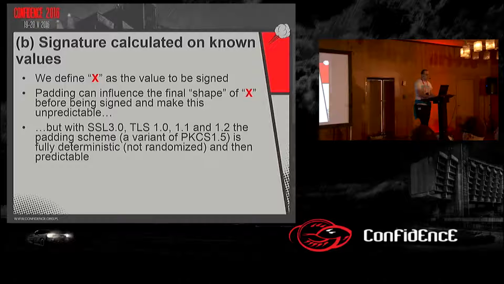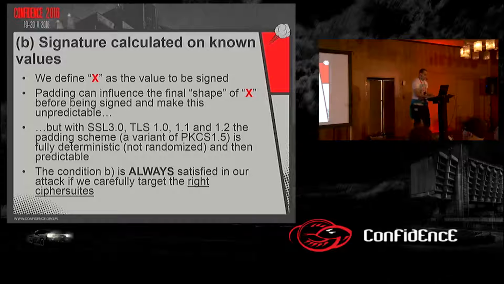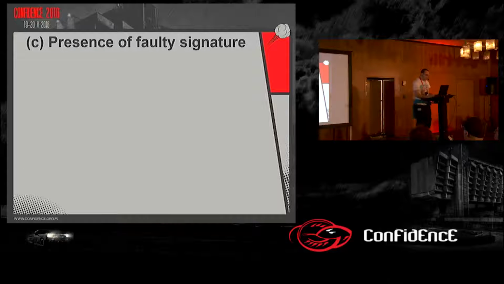But likely from SSL 3.0 and from TLS 1.0 up to 1.2, basically the padding scheme used is deterministic. So it is predictable in some way. So we can say that the precondition B is always satisfied in our attack if we carefully target the right ciphersuites. And I will talk about this a little bit later.